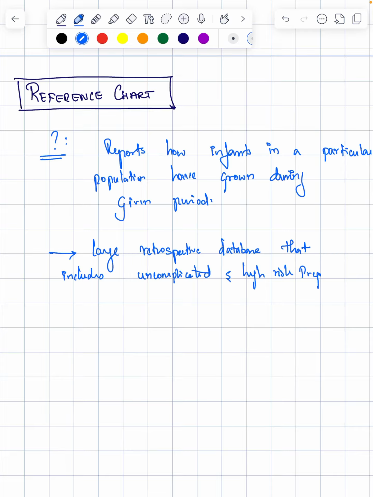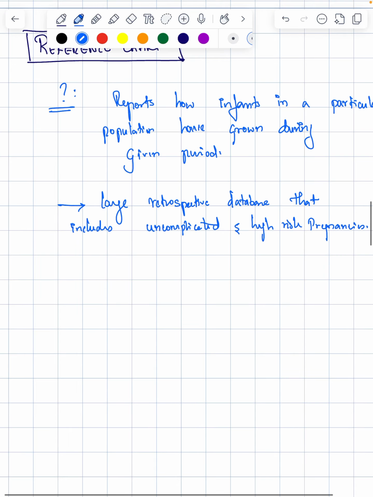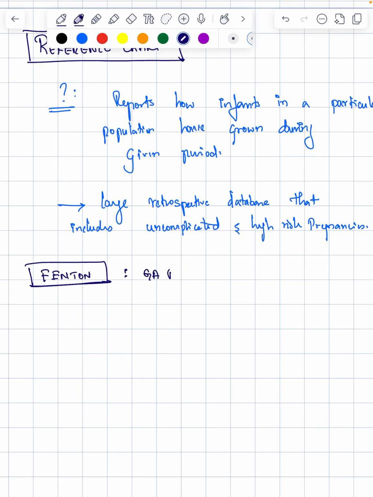Examples of your reference charts are, one is your Fenton chart, another one is your Olsen chart, right? So the first example is your Fenton chart, which is the most widely used chart. It is a meta-analysis of 6 large databases. The gestational age range used in your Fenton chart is between 22 weeks to 50 weeks.